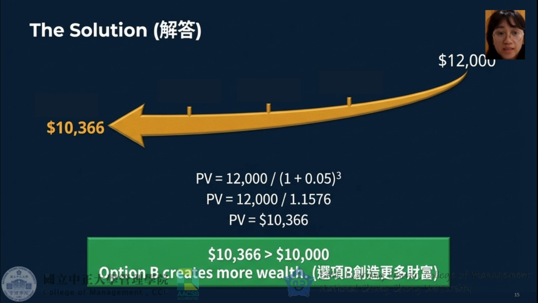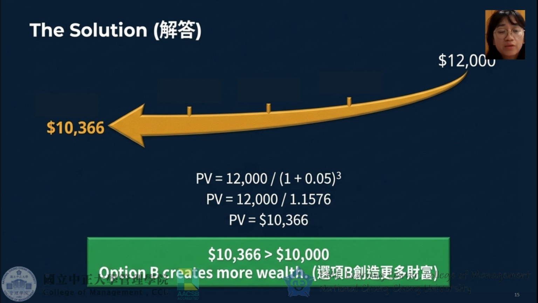So we're going to discount option B, 12,000, back 3 years. We divide 12,000 by 1 plus 0.05 raised to 3. Why is it 3 here? Because t equals 3 years. The project lasts for 3 years.